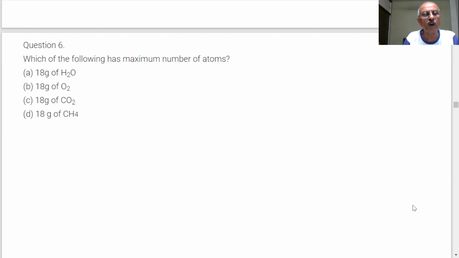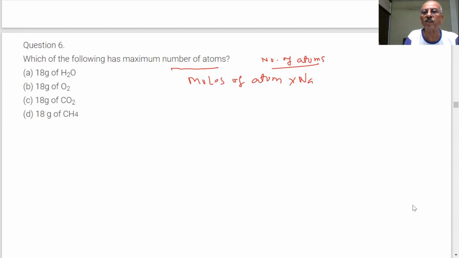How will you find? First, you find the moles. How many moles? Maximum number of atoms. If we find the moles of atoms of each, then if I multiply with Avogadro's number, that will be the number of atoms. But once we know the moles, this number is same for all.